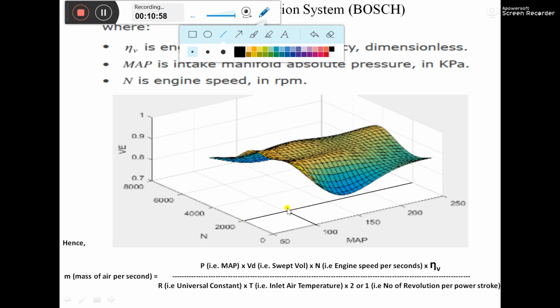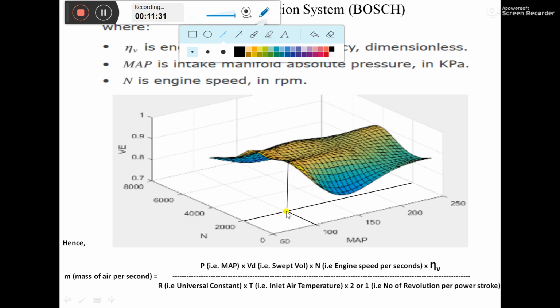So what will be the volumetric efficiency? It is found by the surface response method. This is a surface.